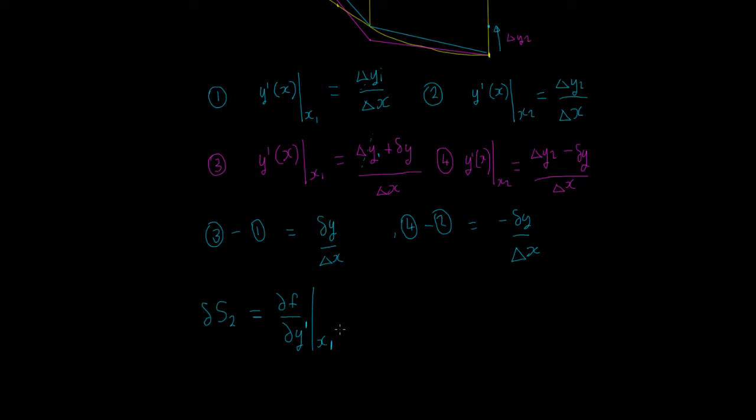Okay, the x is kept constant, and if we multiply it by the change, now the change we're going to have is delta y derivative of x, and we add on again df by dy derivative at x2 times delta y derivative of x.